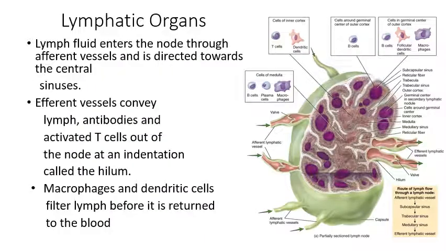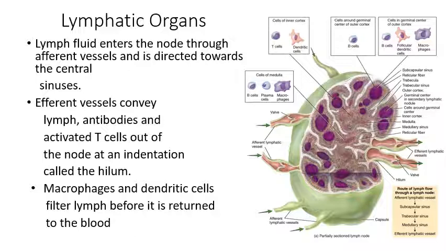All right, so let's take a real close look at one of those lymph nodes. The terminology here is going to be similar to terminology that we use for other systems. We've got afferent vessels that are moving into the lymph node. The fluid that's traveling through those afferent vessels is then going to be filtered in the lymph node, and then it's going to be carried out through efferent vessels, and those efferent vessels then head towards the thoracic cavity.